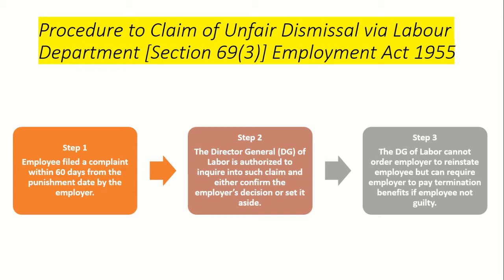Dalam kes claim ke Labour Department, normally DG of Labour ni dia tak akan bagi penalty dalam bentuk reinstatement. Maksudnya employee ni tadi tak akan dapat balik job yang dia last kena pecat tu. So itu selalunya yang berlaku di Labour Department. So you hanya akan dapat termination benefit sahaja.